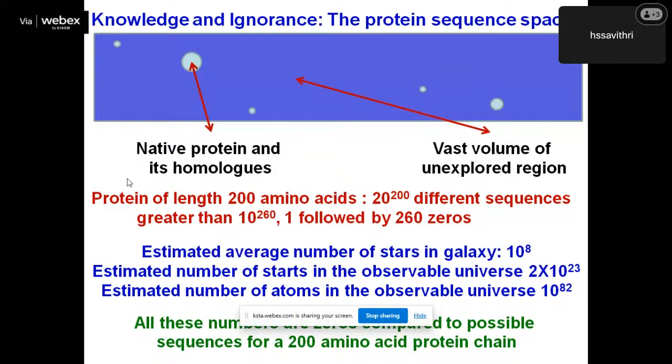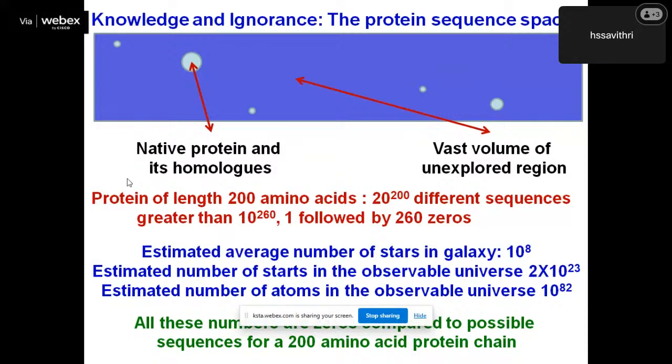Anyway, the sum and substance of this slide is to point out that the sequences possible for proteins are infinitely large, out of which a minuscule number of sequences are used in living organisms. In molecular biology, it is often possible to select a protein from our body and change it to have new properties. If you do that, you will be exploring only the area around existing proteins.